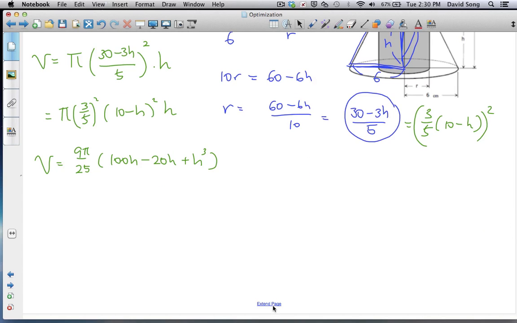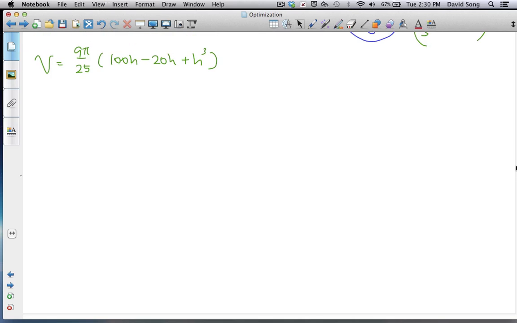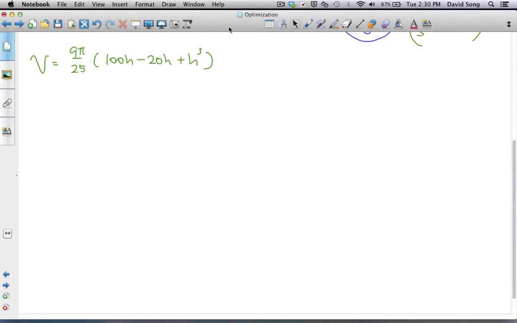Okay, let's extend the page a little bit. Okay, so that's my volume equation. Now, let's find the first and second derivative of this. So first derivative, dv dh, is going to be, this is a constant, so it'll just stay. And it'd be 100 minus 20, I'm missing something. Yeah, there you go, squared.